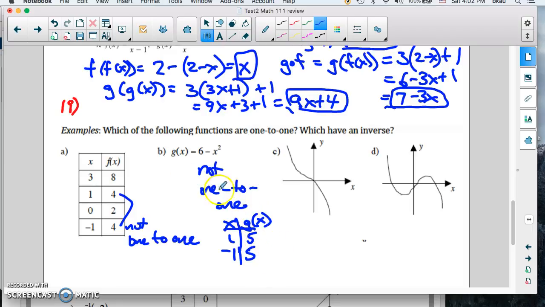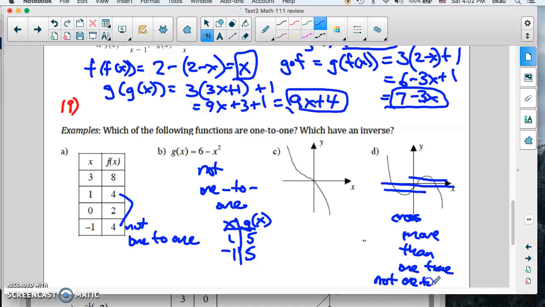So it's not 1 to 1. If you look at a graph, it doesn't pass the horizontal line test. So if we drew a couple different horizontal lines, there's a couple places where it's going to cross twice or more than once. So if it crosses more than one time, this is not 1 to 1.